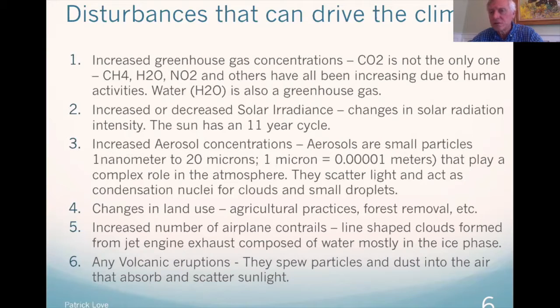Water, of course, is not driven by human activities. Water is also a greenhouse gas, and when you increase the temperature, you increase the water. So we will talk later about how that is a feedback effect. In other words, if you take these dry greenhouse gases like CO2 and methane and put them in the atmosphere, you raise the temperature, you then get more water in the atmosphere, and that in turn raises the temperature.